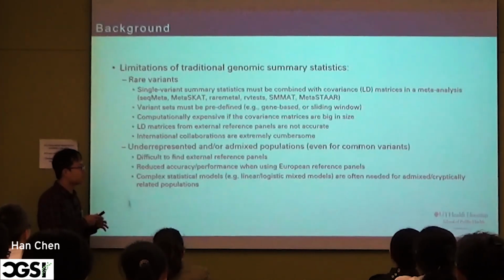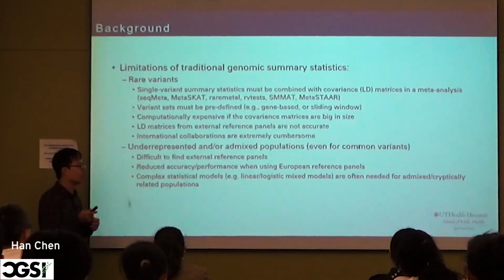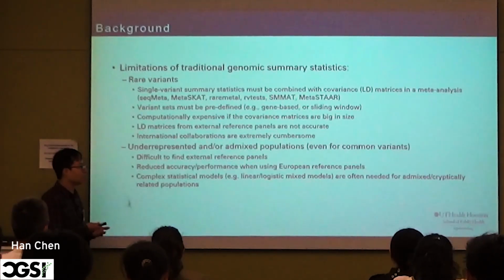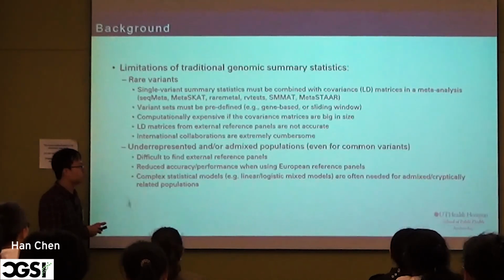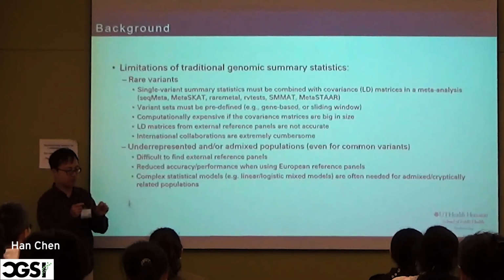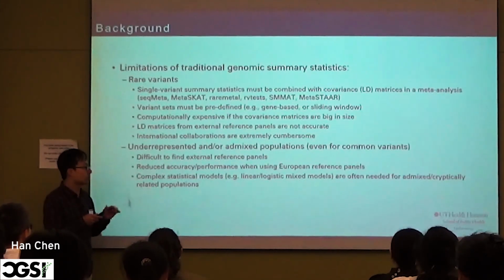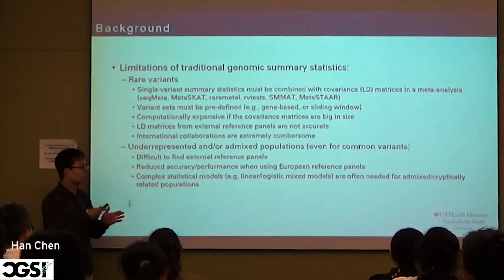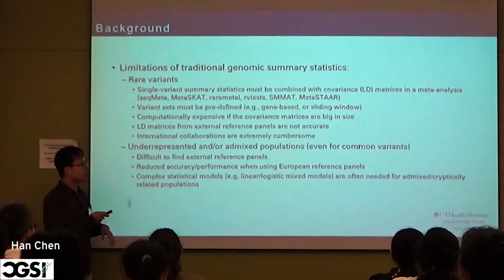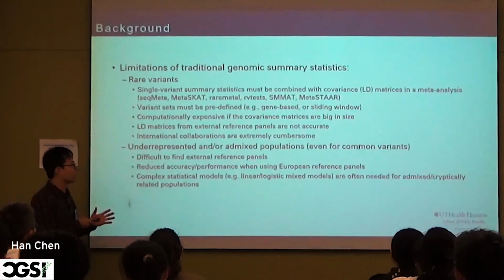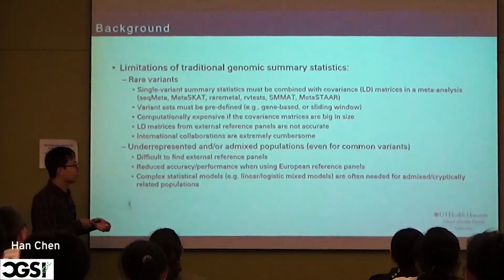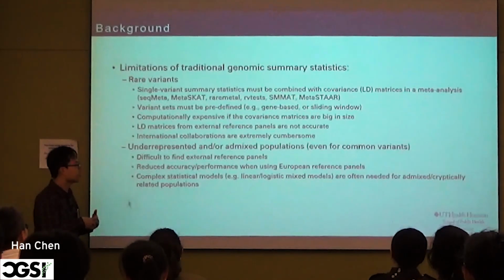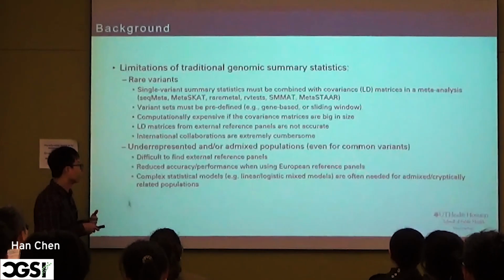Even though they have the same global ancestry proportions, let's say if you have two individuals who have, on the global ancestry level, 50% European and 50% Amerindian ancestry, if you look at a particular genetic locus, then the LD structure can be very different because some part of the segments could be inherited completely from a European ancestor for one individual and an Amerindian ancestor for another individual. Therefore, if you look at their local ancestry LD structure, it's very different, even though you have all the ancestry reference populations covered in the reference panel.